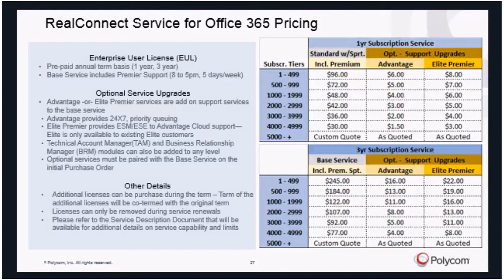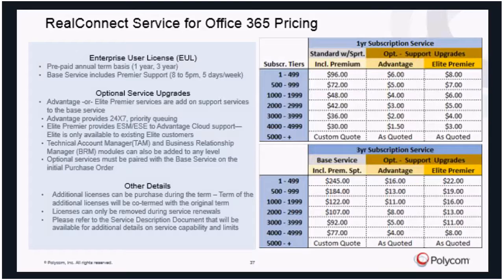A couple other questions that have come up is who gives support. So Polycom will be taking support for these customers. In addition to that, we will be enabling Advantage and Elite Premier if the customer requires that. If the customer wants to add licenses to the agreement during the year that they have the contract, we will be able to add those additional licenses.